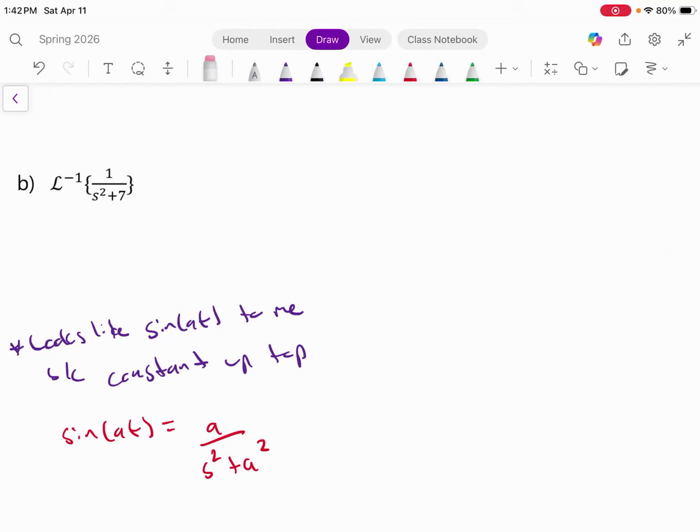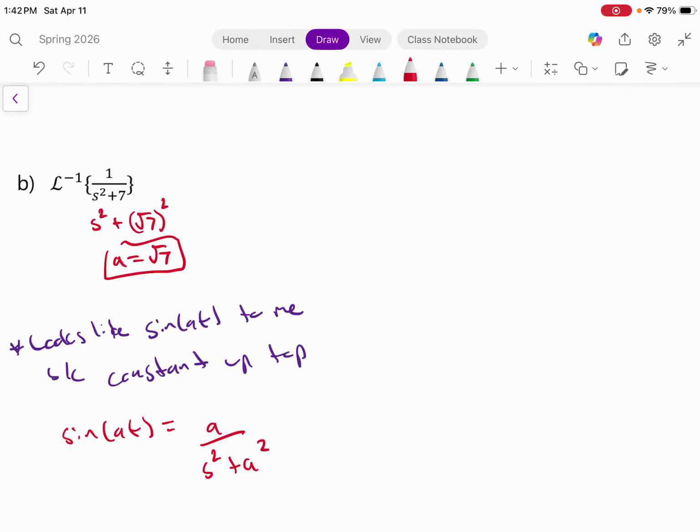So this is like s squared plus the square root of 7 squared. The square root of 7 squared equals 7. So in this situation, a equals the square root of 7.